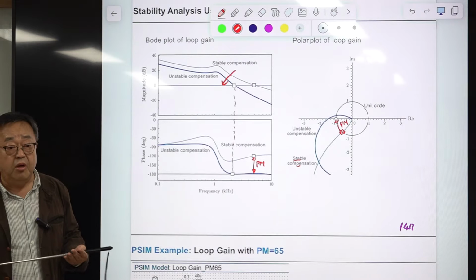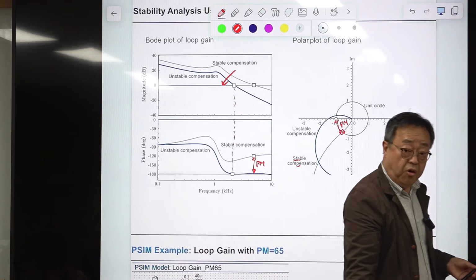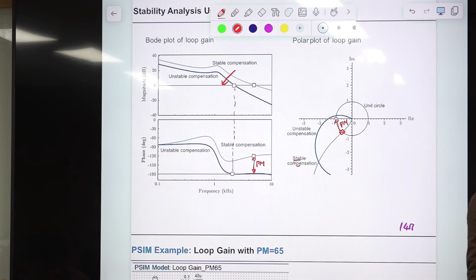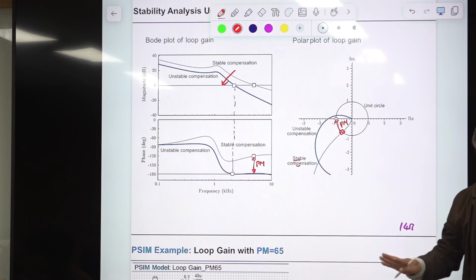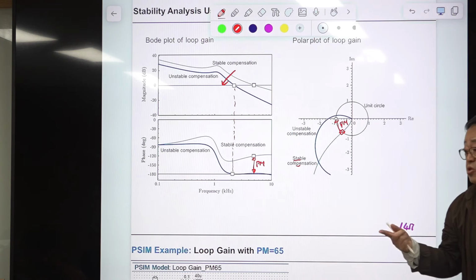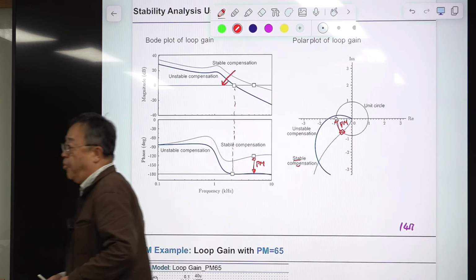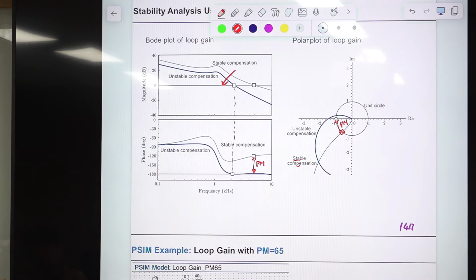So for buck converters, this kind of analysis is widely applicable to large step changes, large input changes, and whatever situation. But in the case of other converters, for example the boost converter, the structure of the on-time circuit and off-time circuit is different. The circuit itself is different. In the buck converter, only the presence of the input voltage was the difference. But for the boost and other converters, the circuit structure itself is different.